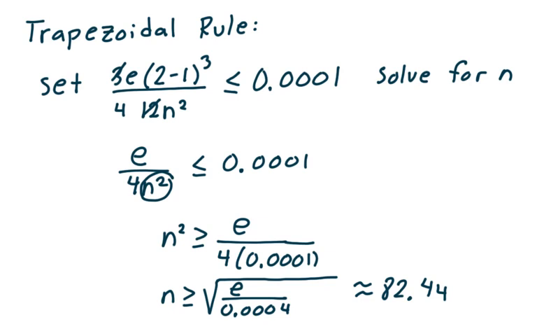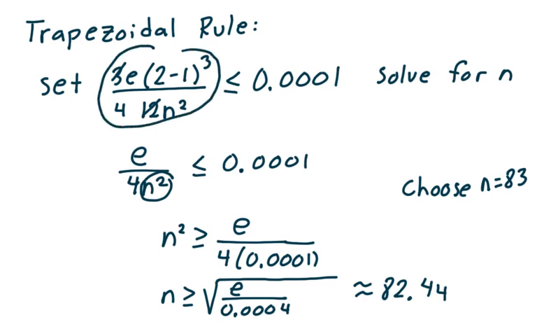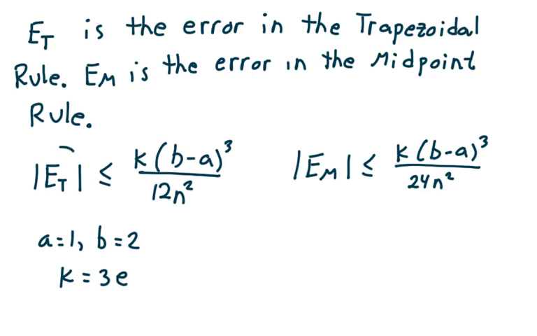And so I need a value of n that works, and you can choose n to be 83. Then you're guaranteed for that choice of n that the error bound will be within 0.0001. Because the logic is, if this value is within 0.0001, then most certainly this will be within 0.0001.